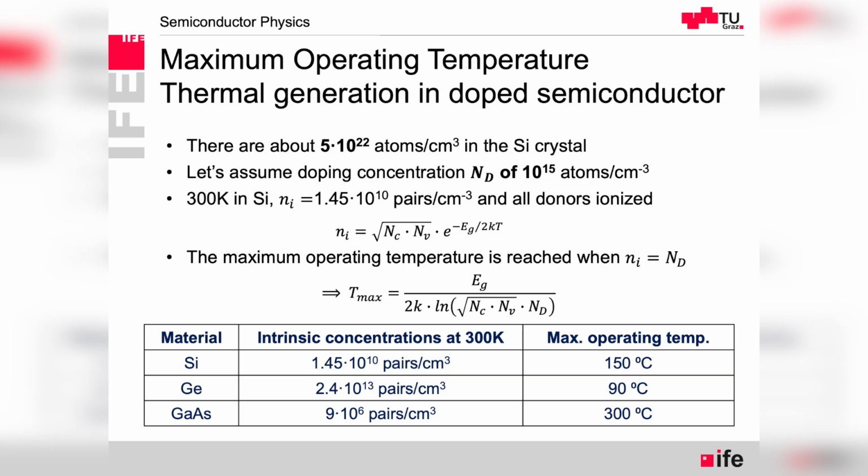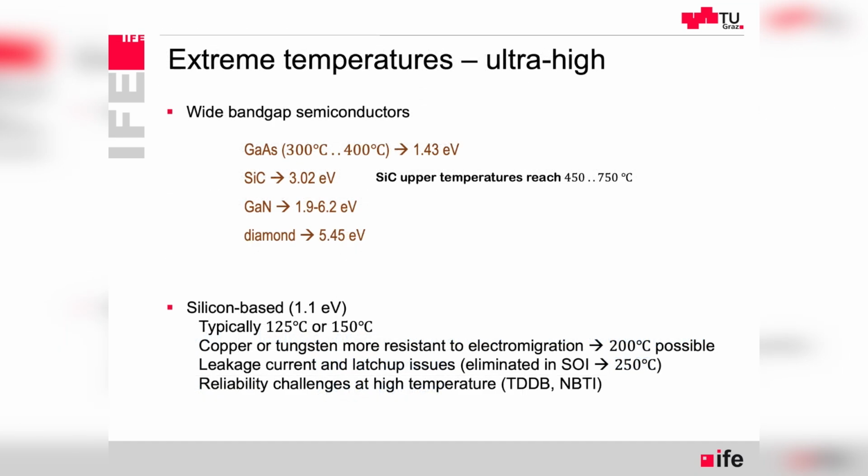This is not necessarily a limit, and I would like to show some more examples. When we want to push our semiconductor to ultra high temperatures, typically we will say that we want to use gallium arsenide or silicon carbide. For silicon carbide we can reach up to 750 Celsius, or gallium nitride or diamond. But some examples from silicon. What are the limitations?